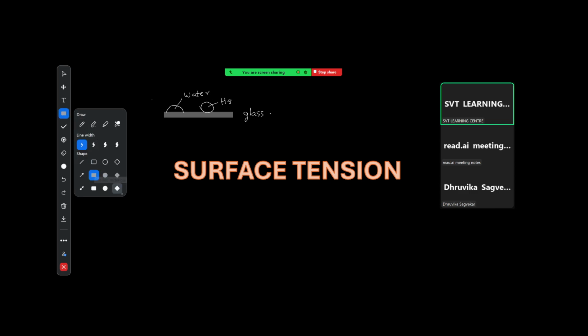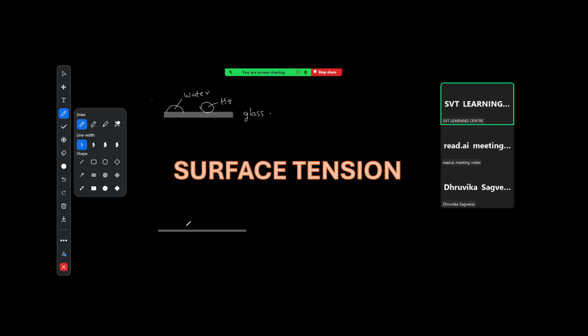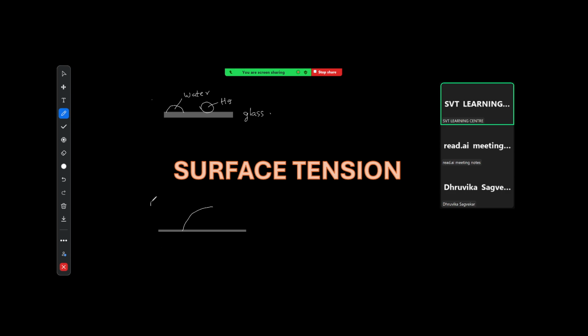So to begin with, we take a glass or any solid and we look at the liquid over here. So let us say that this is our liquid. Now there are three substances. Over here we have got air or gas. Here we have got a liquid. And here we have our solid, correct? So at this point there are different types of surface tension.